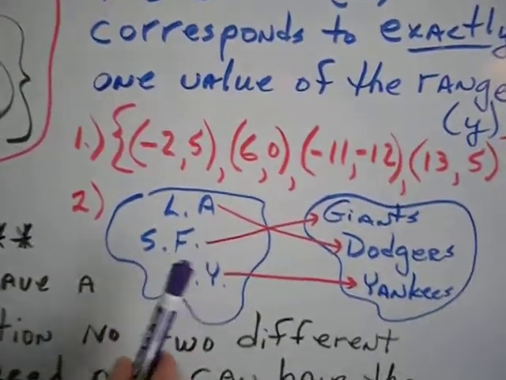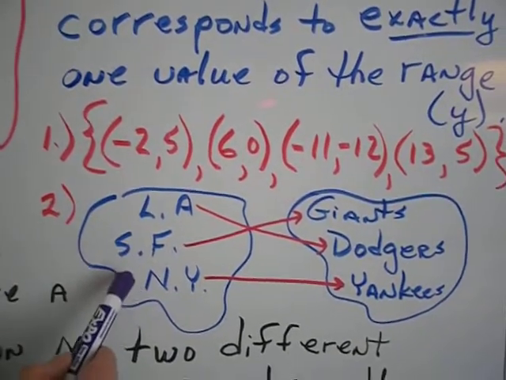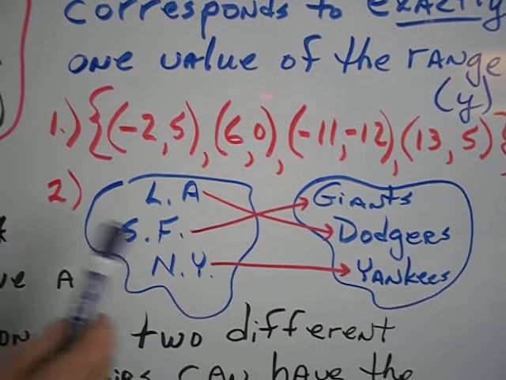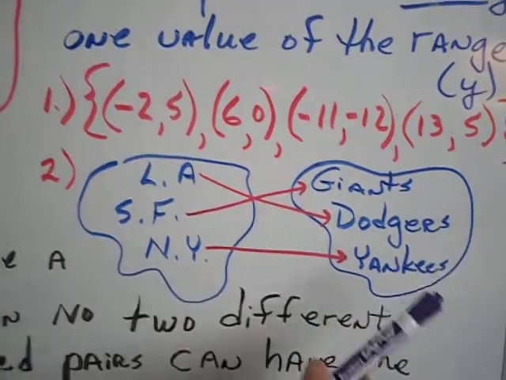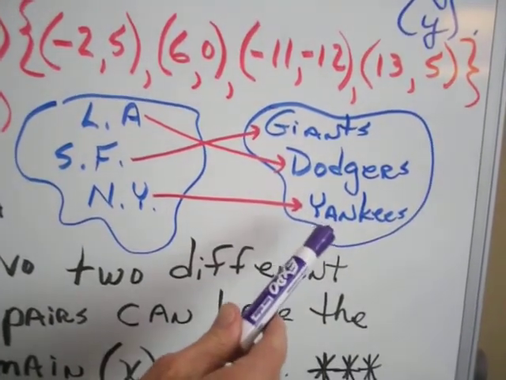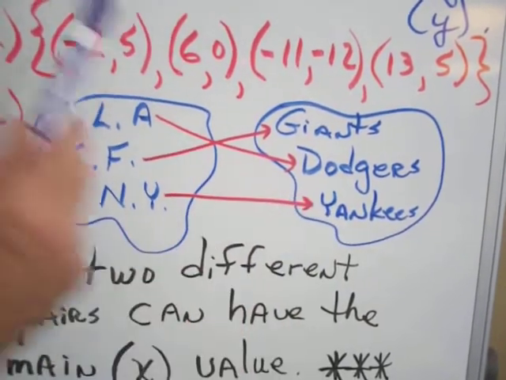Let's do the baseball example. In this first map, we have the city names of Los Angeles, San Francisco, New York. The range values, we have the Giants, the Dodgers, and the Yankees. Notice the correspondence.